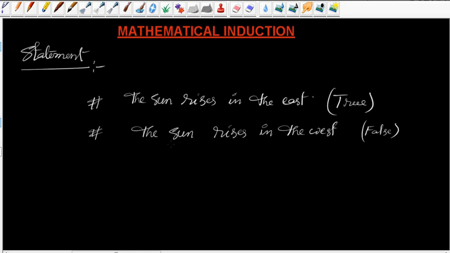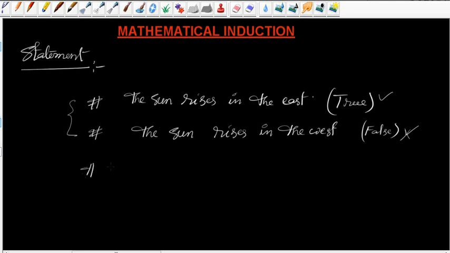But in the second sentence, the sun rises in the west, so this is a false sentence. In both of these sentences, we can decide: the first is true, the second is false. That is why both are said to be statements. They are examples of statements.